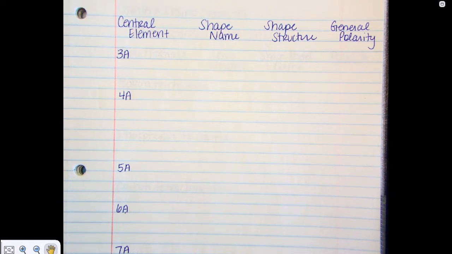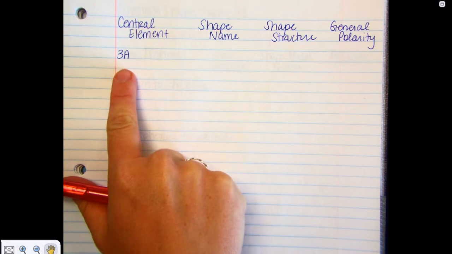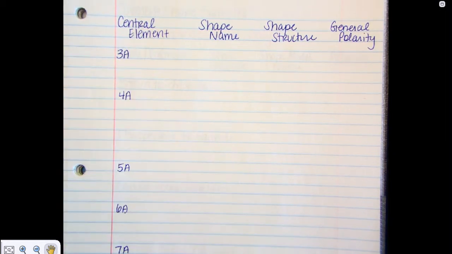Now, notice that I'm starting over with the 3A column. I can do Lewis dot diagrams for every element on the periodic table, but I'm talking right now about covalent molecules. And so that means I'm only really going to deal with the nonmetals.